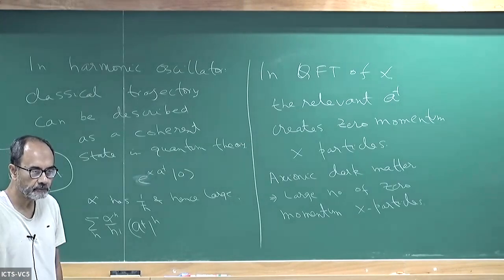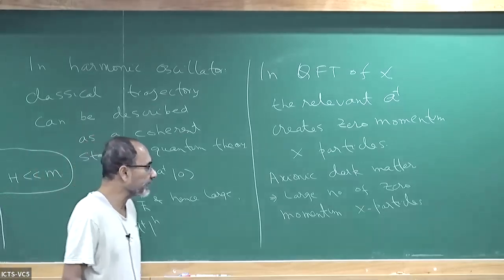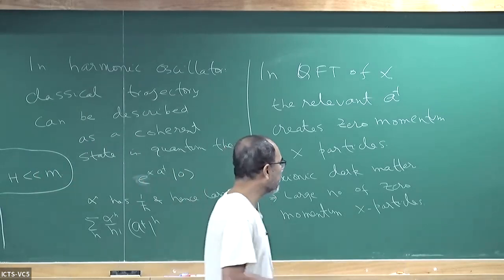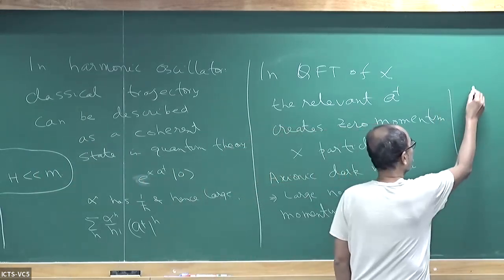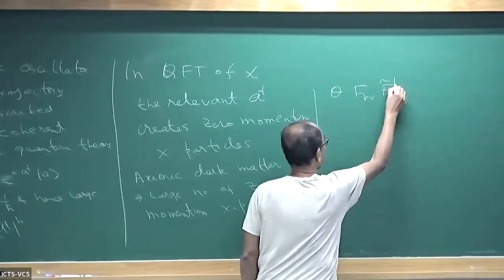So why do you say that there's an approximate CP for the strong interaction? Because there is a term that you can add in the strong interaction Lagrangian, theta F mu nu F tilde mu nu, which violates CP.